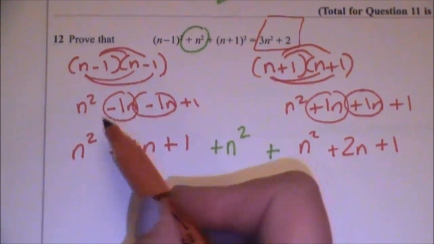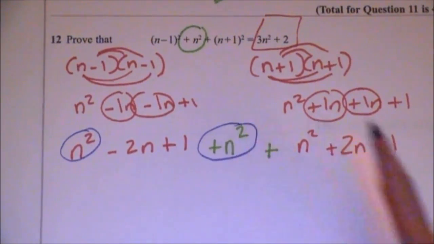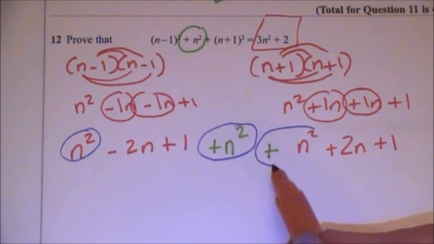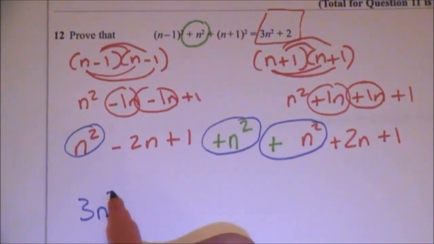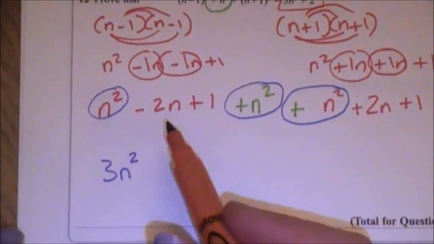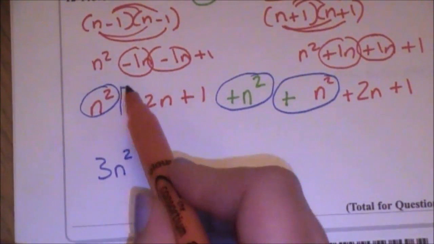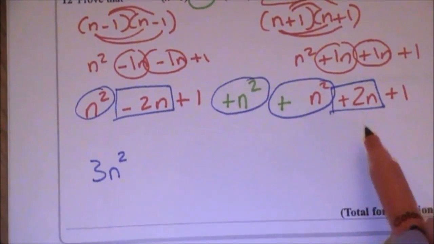All right, I've got an n squared and another n squared and another n squared. So I've got 3n squared. So far, so good. Now let's look at the n's. I've got a negative 2n and I've got a positive 2n.